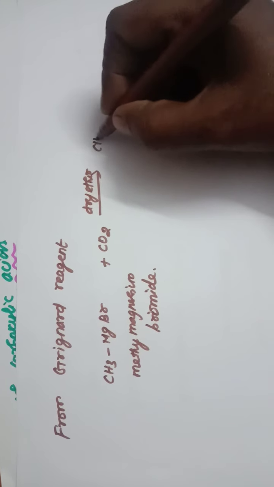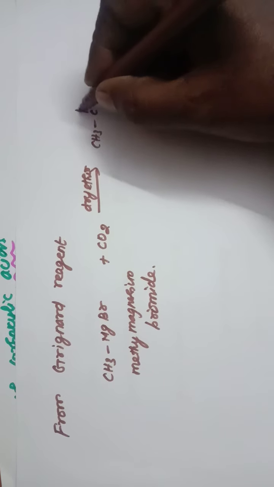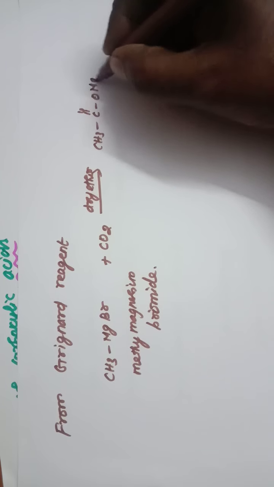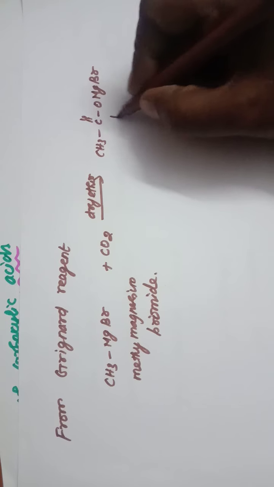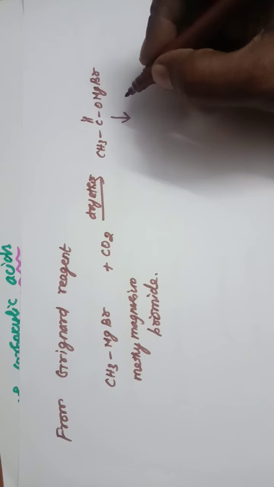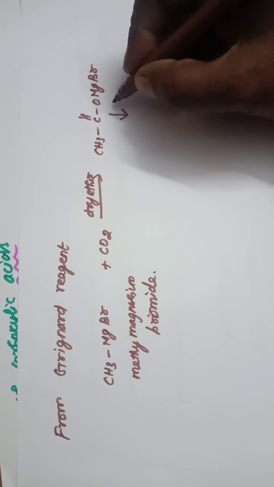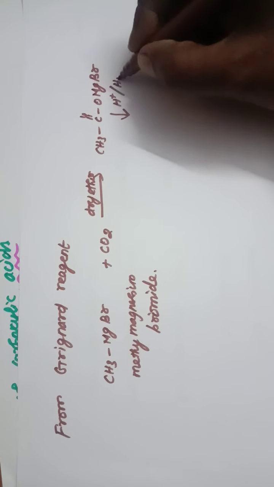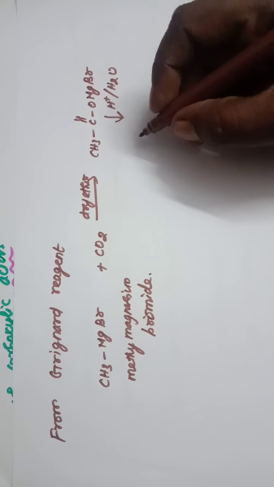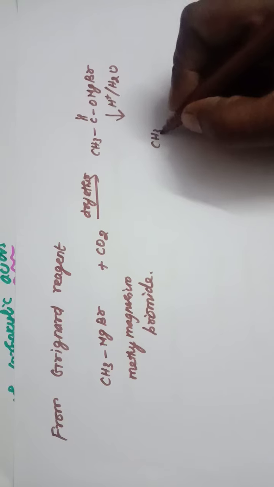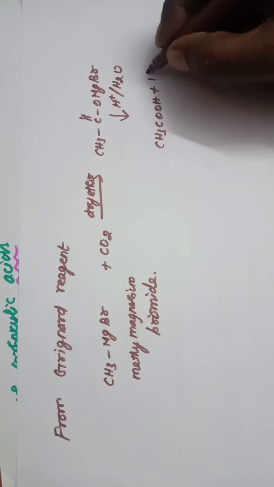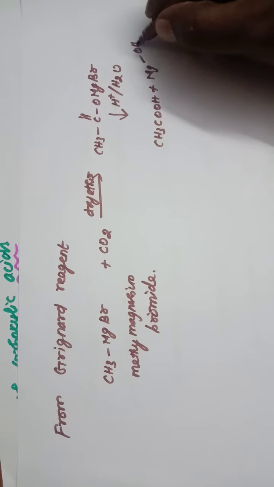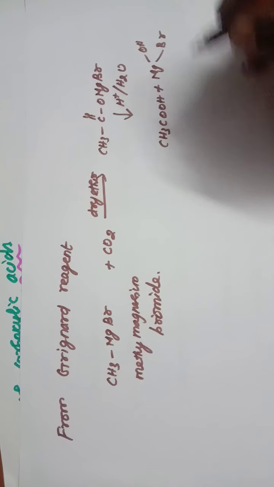So CH3 C double bond O OMgBr, a salt of carboxylic acid is formed, and this compound now undergoes acidification with mineral acid, and it will give the corresponding carboxylic acid, CH3COOH plus MgOHBr.